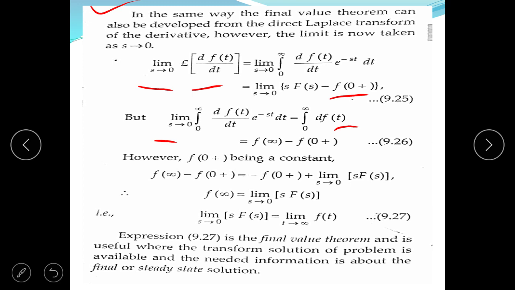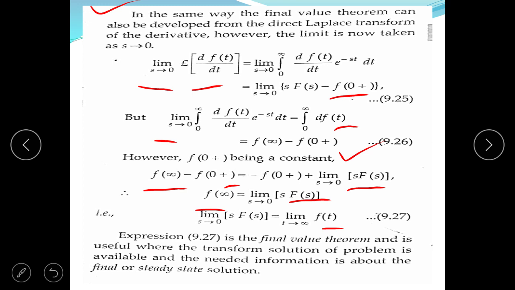However, f(0+) is a constant, so f(infinity) minus f(0+) is equal to minus f(0+) plus limit s tends to 0 of sF(s), or f(infinity) is equal to limit s tends to 0 of sF(s). Limit s tends to 0 of sF(s) is equal to limit t tends to infinity of f(t).